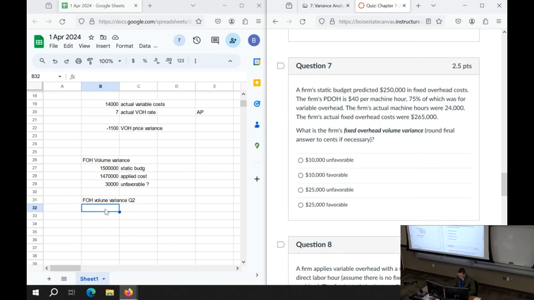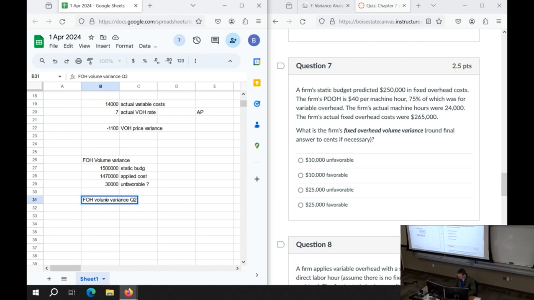So we have our static budget of $250,000. Fixed overhead static budget. Fixed overhead costs on the static budget, however you want to phrase it. And then we need to get applied costs.